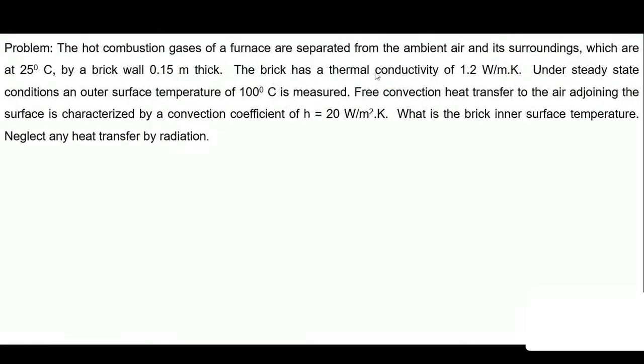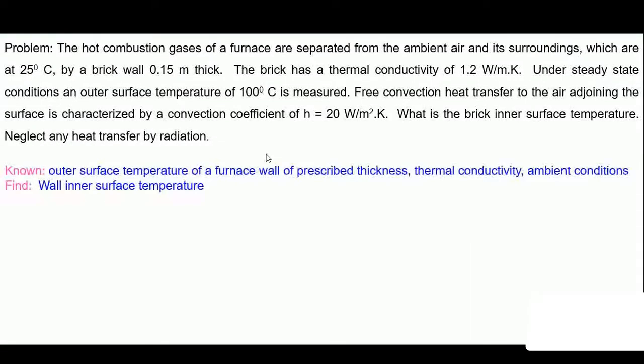The brick has a thermal conductivity of 1.2 watt per meter Kelvin. Under steady conditions, the outer surface temperature of the brick is measured to be 100 degrees Celsius, and free convection heat transfer from the air to the adjoining surface is characterized by a convection coefficient of 20 watt per meter square Kelvin. What is the brick inner surface temperature? Neglect any heat transfer by radiation.